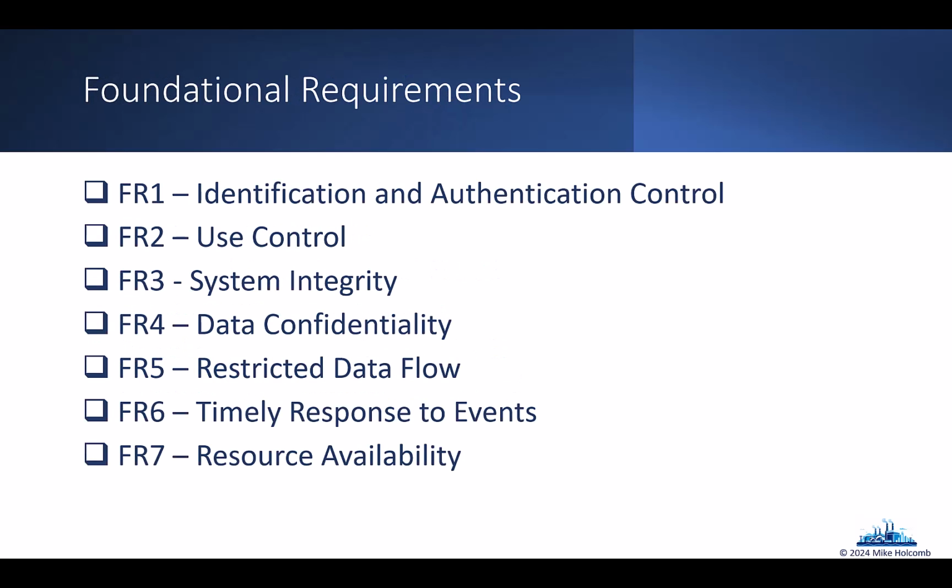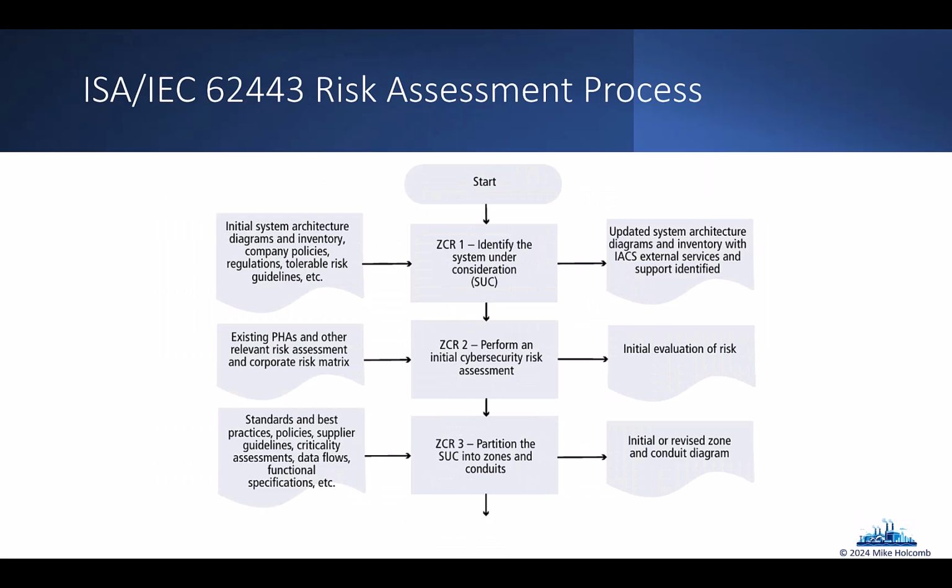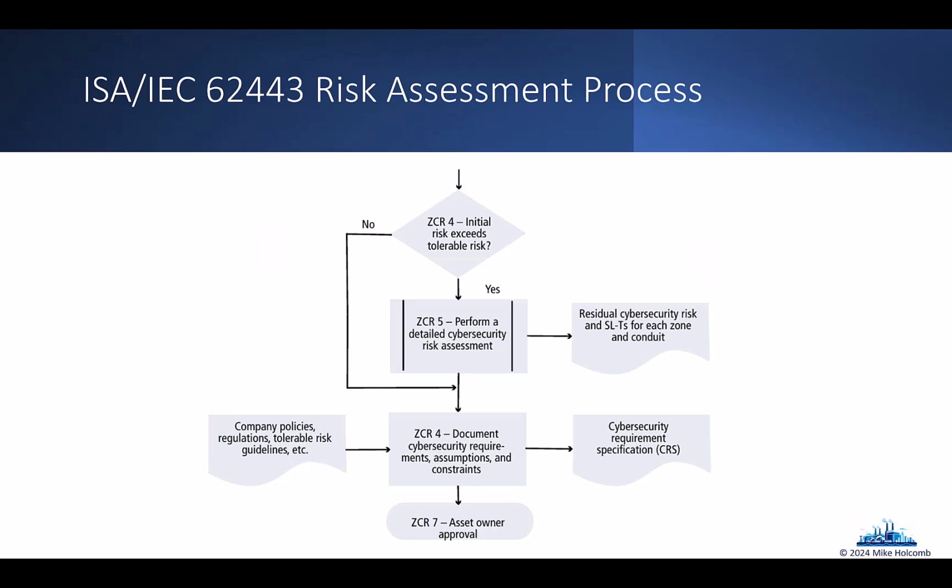So we covered the foundational requirements, the 7 different ones, and then that look that Cisco had at how this aligns with determining which controls you need to hit a specific security level. And then, of course, key to 62443 is that overall risk assessment process, which looks really strange at first, but hopefully talking through it at the high level gives you at least an idea.